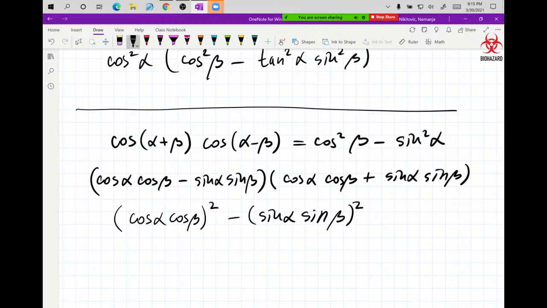I want to figure this out. So I tried factoring cosine alpha because that was something that I didn't like.